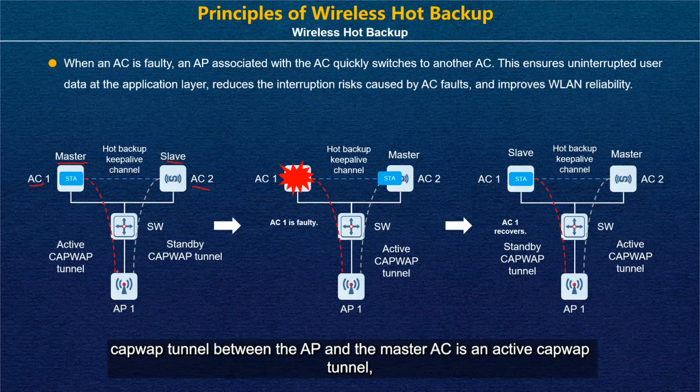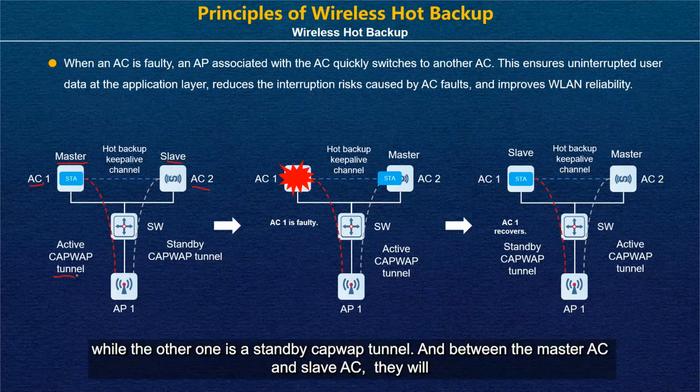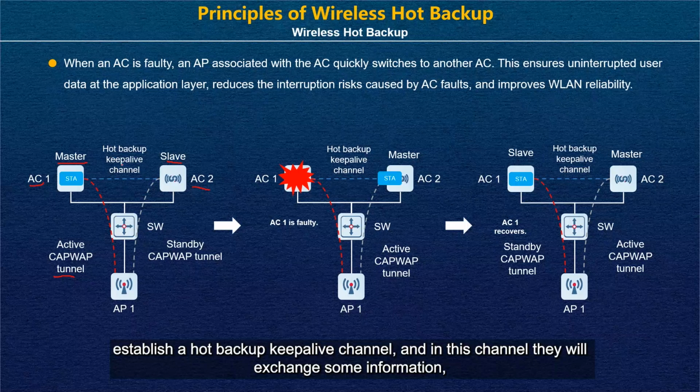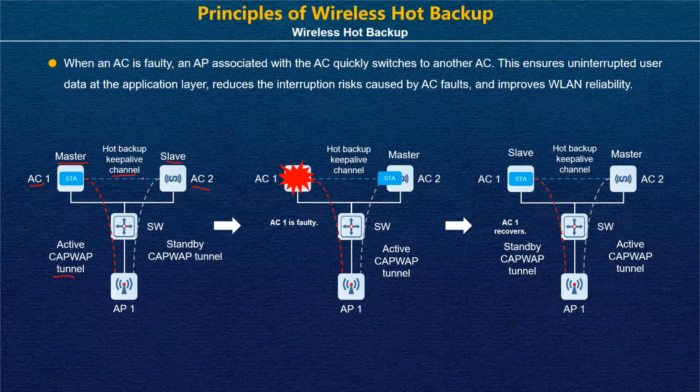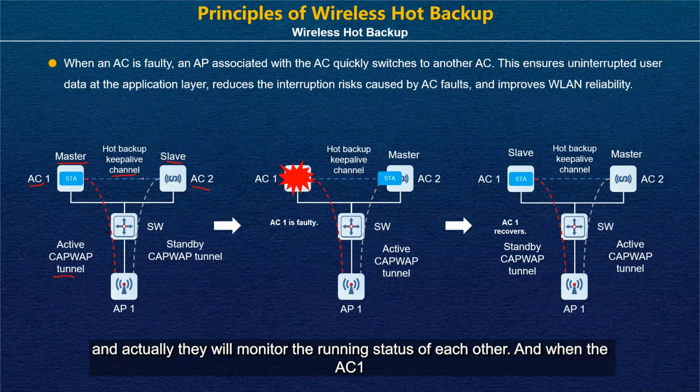The backup terminal between the AP and the master AC is an active backup terminal, while the other one is a standby backup terminal. And between the master AC and slave AC, they establish a hot backup keep-alive channel. In this channel, they exchange some information, and actually they monitor the running status of each other.